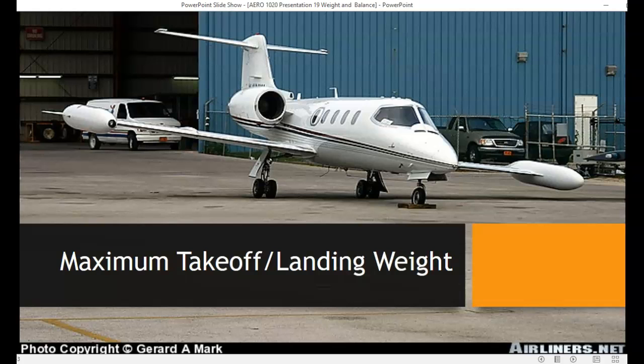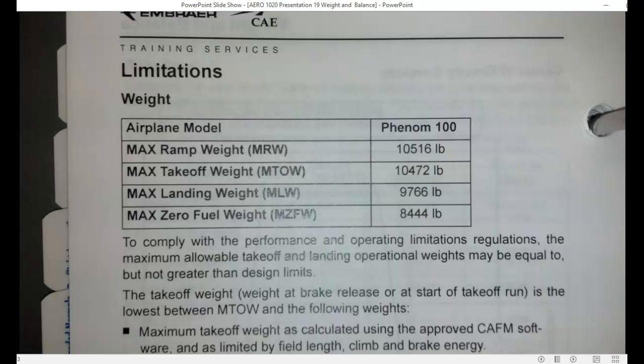The first one is maximum takeoff and maximum landing weight. It appears that the aircraft in this picture may have a weight and balance problem. In the Pilot's Operating Handbook or the Airplane Flight Manual, you'll find limitations on weight and balance for any aircraft. In this picture you can see the weight limitations in the Pilot's Operating Handbook for the light jet called Phenom 100.